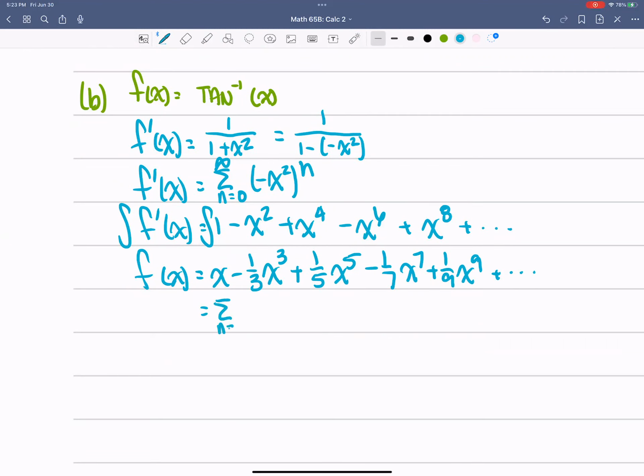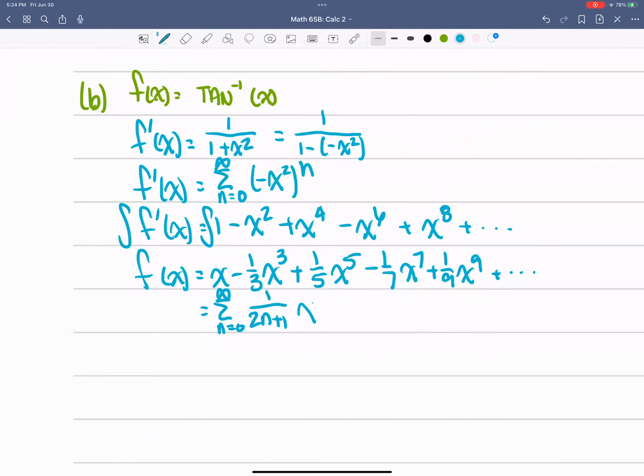So we'll say n goes from 0 to infinity of, coefficients are all odd numbers. So I'm going to say 2n plus 1. So 1 over 2n plus 1. So for the first one, we have 1. For the second one, 3. Okay, I like that.